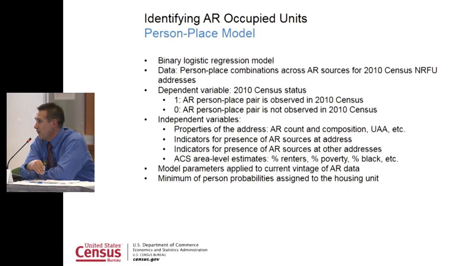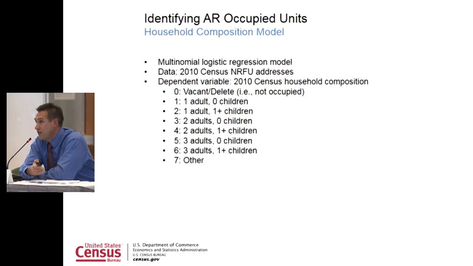So we do have these for all the persons that we rostered, but we need to make a decision at the housing unit level. So based on our research, we take the minimum of the person probabilities that we ended up assigning. So if there are 4 people, we'll take the smallest of the 4, and we end up using that. And in our research, we've seen using the minimum is most correlated with count agreement. So we've used this for our person-place model.